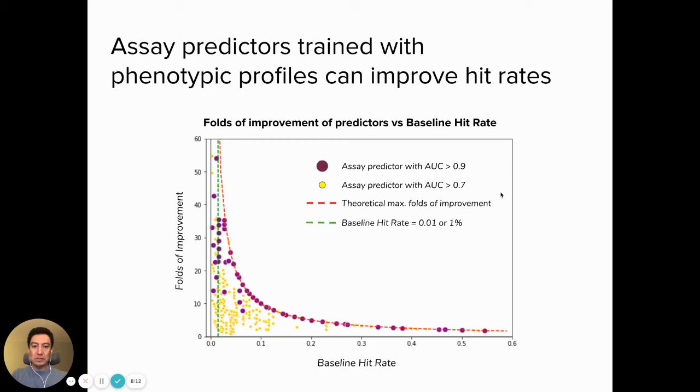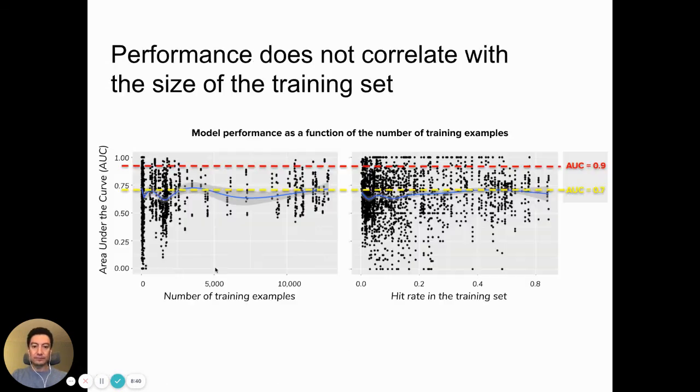In this plot, each point is an assay, and the x-axis shows the baseline hit rate observed in the lab, while the y-axis shows the folds of improvement if a machine learning predictor is used instead. Purple points are highly accurate predictors, which can usually improve performance up to the theoretical limit. And for assays with rare hits, the predictors can offer high efficiency as well.